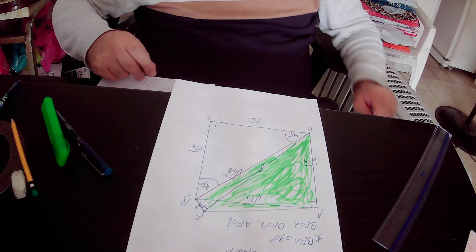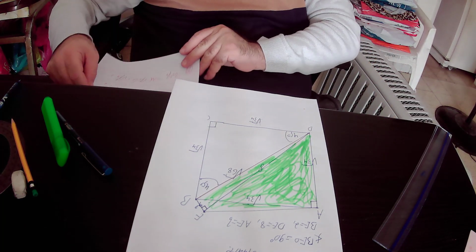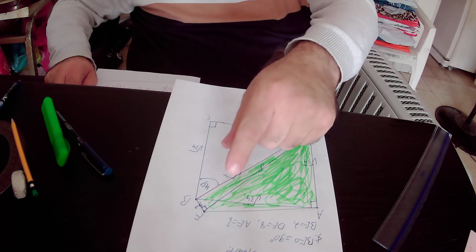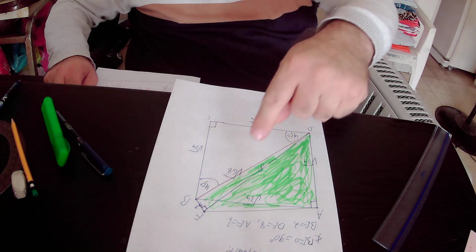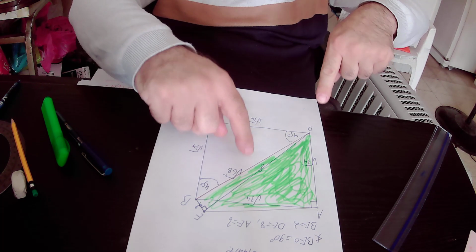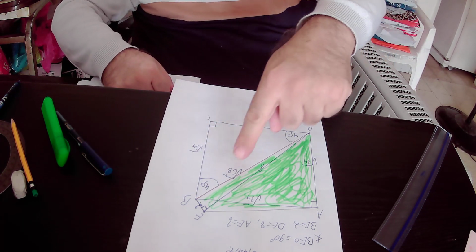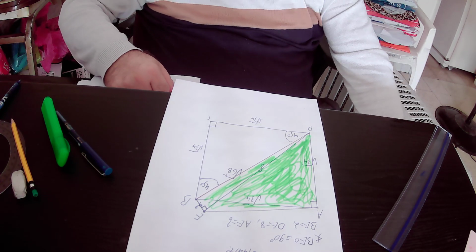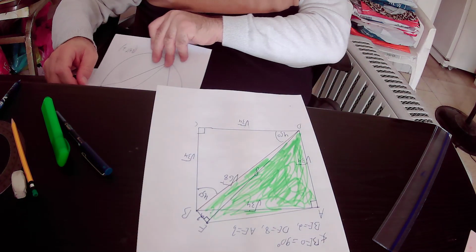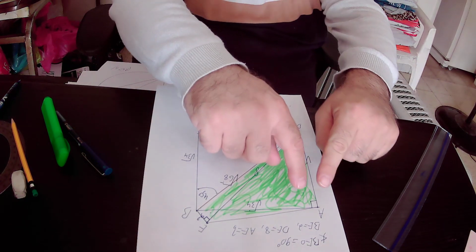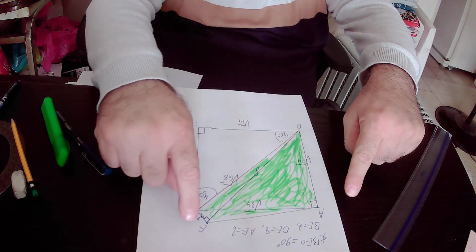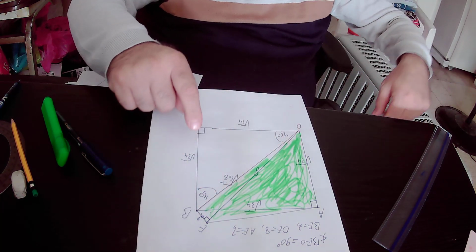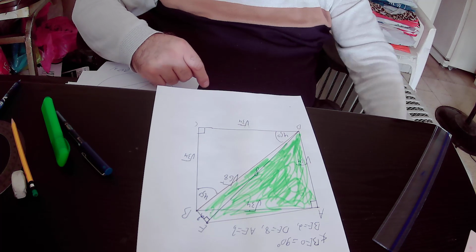We know that EB equals 2 units, DE equals 8 units, and this angle DEB is a right angle, it equals 90 degrees, and we want to find out the size of line segment AE. Okay.